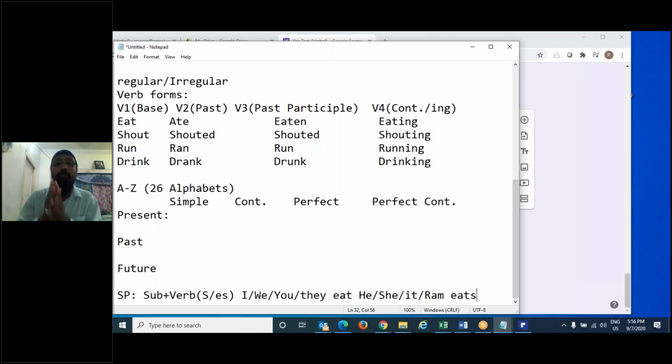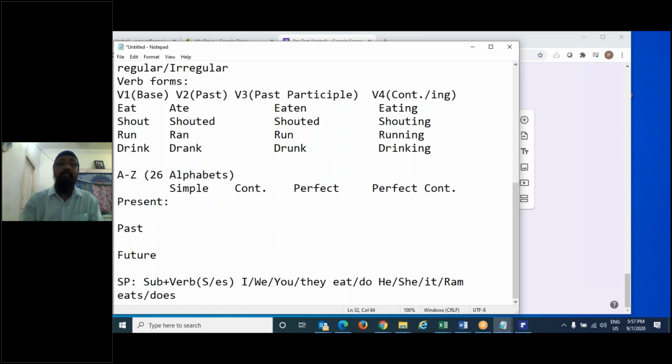So it's only a special case with the third person singular subject that s or es is to be added. If we use a verb like do, it is I do, we do, you do, they do. But when it comes to the third person subject, it always includes does: he does, she does, it does, Ram does.